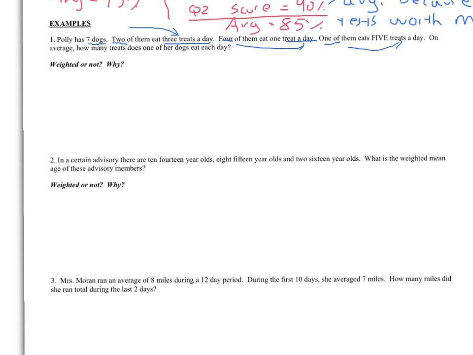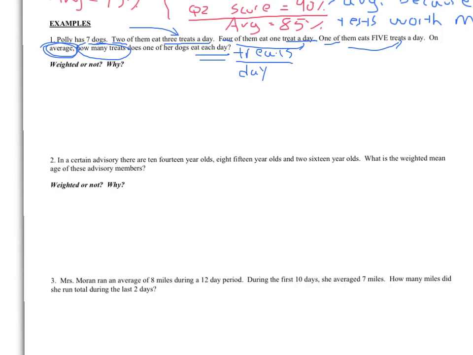On average, so here we go. Right away, we should be thinking add, count, and divide. How many treats does one of our dogs eat each day? The question is essentially asking us, how many treats does each dog eat per day?